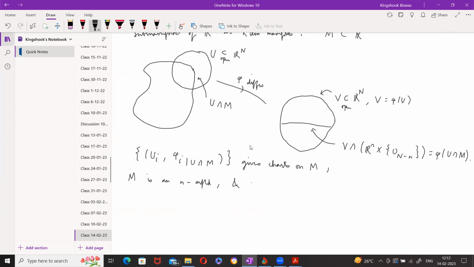And the inclusion i from M into R capital N is a smooth map.